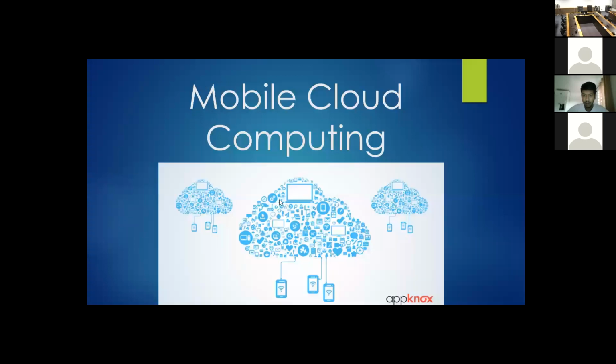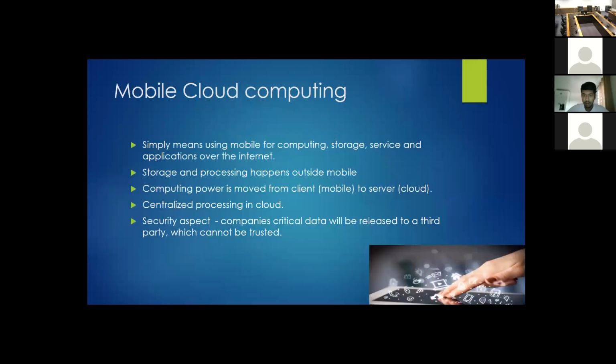I'll start. So mobile cloud computing, to my understanding, is basically computing, storing and using all the services and applications which are stored in a cloud somewhere. We are accessing those applications, while the storage and the processing happen in the cloud.